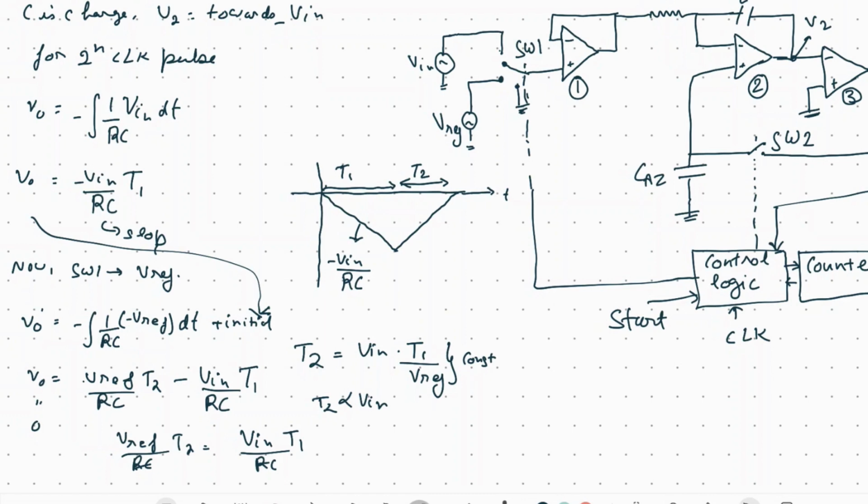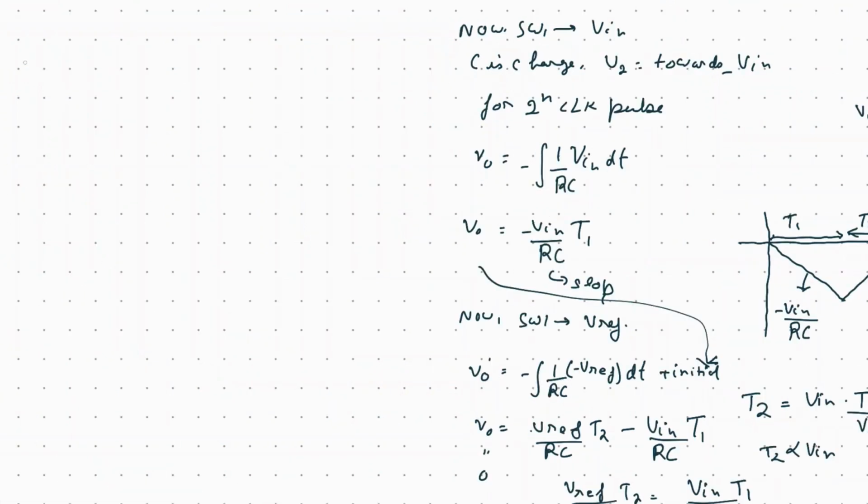Say the clock pulse we are using has a time period of Tc. Since 2 to the power n clock pulses were used, T1 will be 2 to the power n times Tc. T2 will be the period until the output goes to 0, so T2 is N times Tc. Rearranging, since T2 was V in T1 upon V reference, N Tc equals V in times 2 to the power n Tc upon V reference.